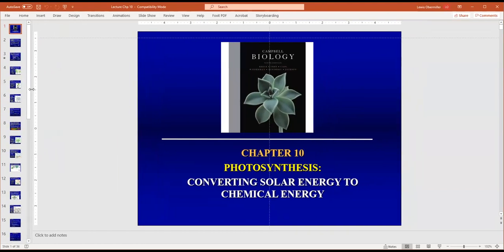Photosynthesis is chapter 10, and you guys probably learned this in 7th grade science, that plants take in light from the sun, and they take in carbon dioxide from the air, and they magically produce food for us.